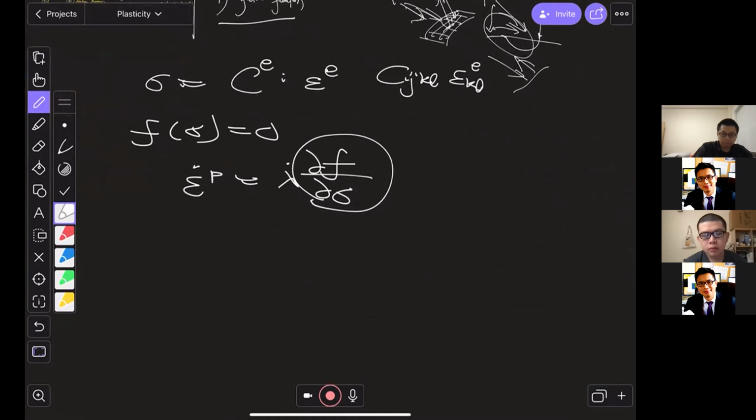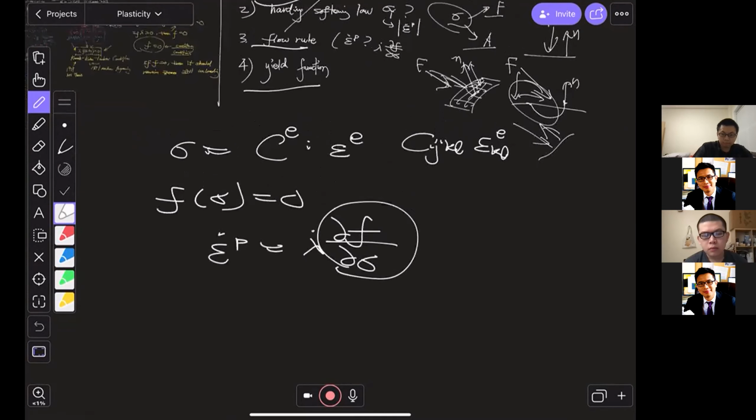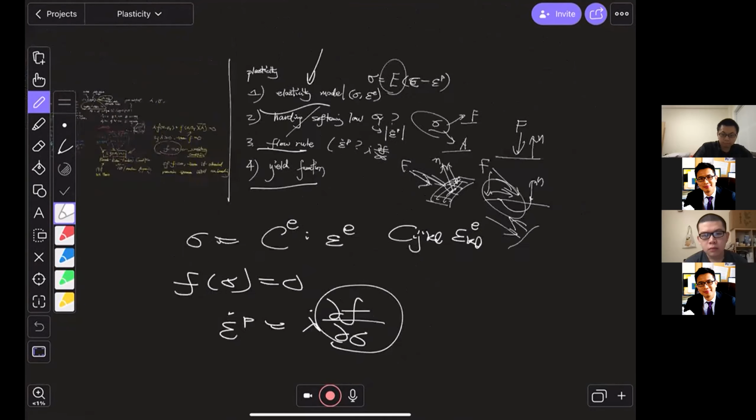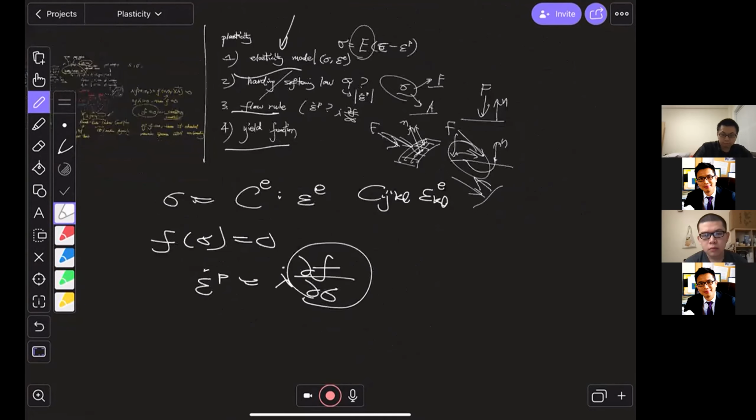Okay, and then your hardening law actually doesn't change that much. Everything is the same, the ingredients are the same. What you need to do in order to solve that problem is put a system of equations to it and then solve for lambda and then for the epsilon e. Okay, and then the rest of it is just algebra.